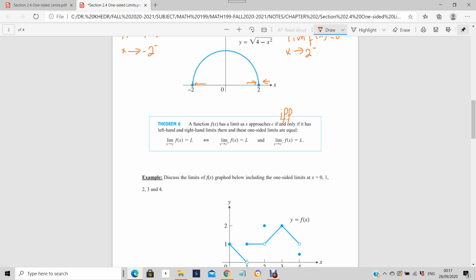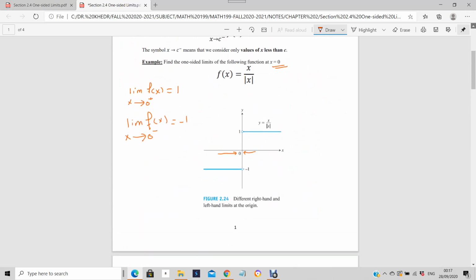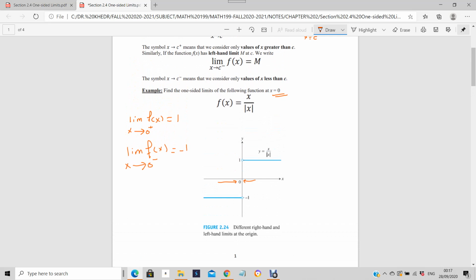So the limit of the function f of x as x goes to c equals L if and only if the one-sided limits exist and they are equal to each other. It means the left side equals L and the right side equals L. So let me take you back to these examples, and let's check if these functions have a limit as x goes to 0.